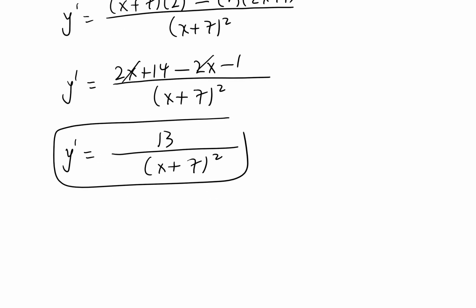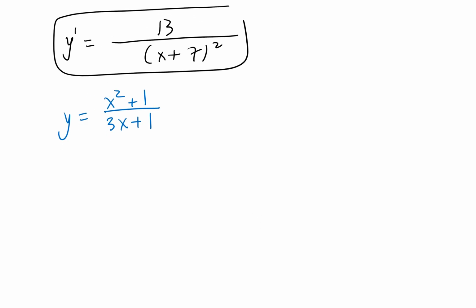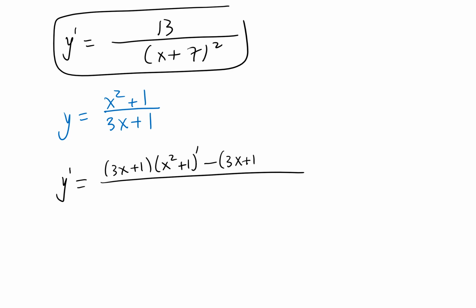Another example, if y equals (x squared plus 1) over (3x plus 1). Try this for 2 minutes. We can go over it now. So y prime, again, denominator times the derivative of the top, minus the derivative of the denominator times the next one, over the denominator squared.